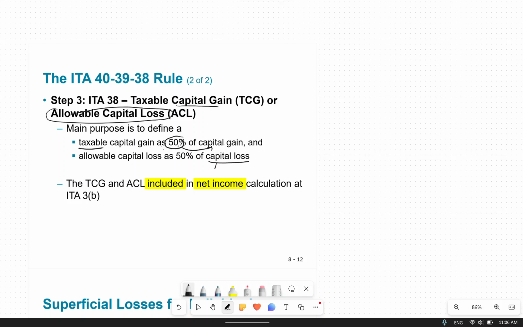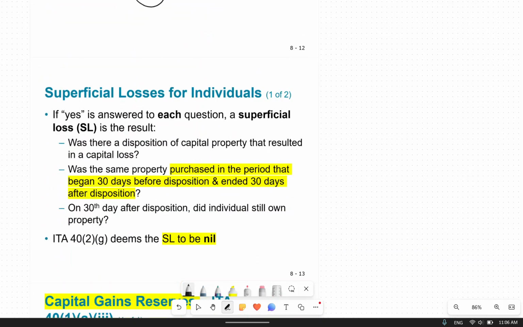If you have a capital loss, you multiply by 50%, and we call it allowable capital loss. Both are included in the net income when we're calculating under Income Tax Act 3B. Now the next one we have is superficial losses for individuals.